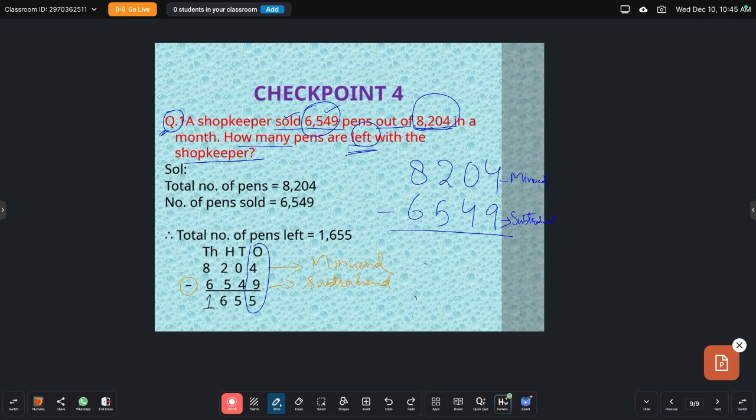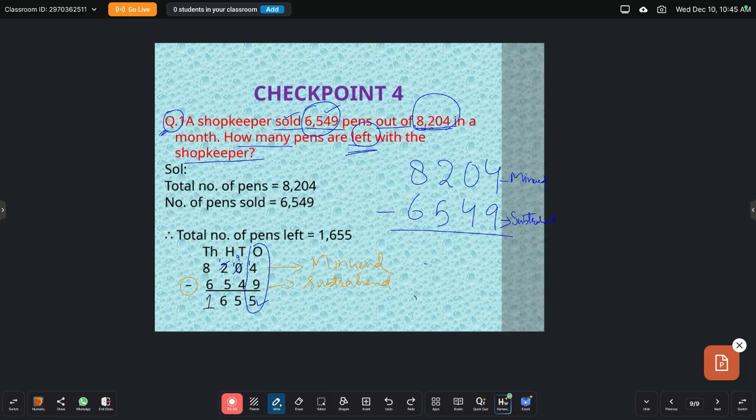But in next column, we have only 0. That means we have to borrow from hundreds column. So here, this is 2. It gives 1 to 0. This becomes 10. And this 10 remains now only 9. It gives 1 to this 4. It becomes 14. Now 14 minus 9 is 5.